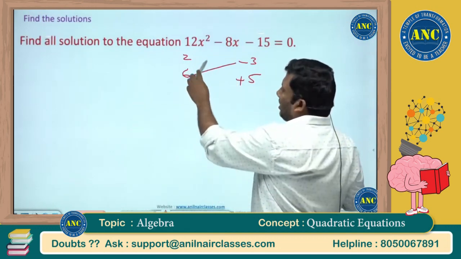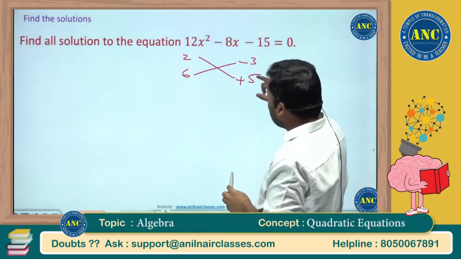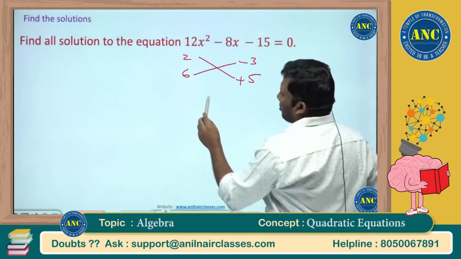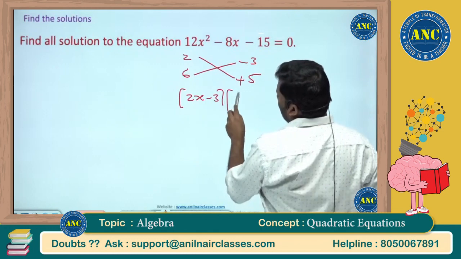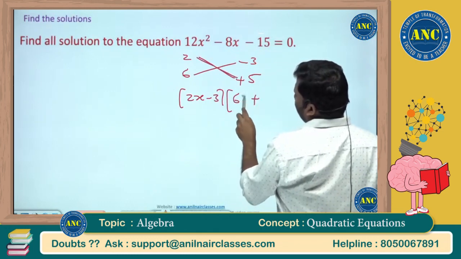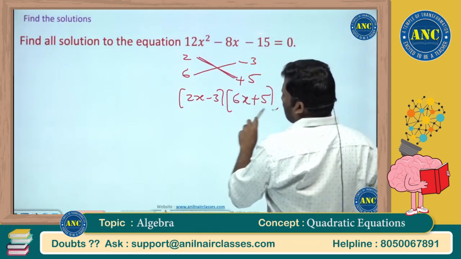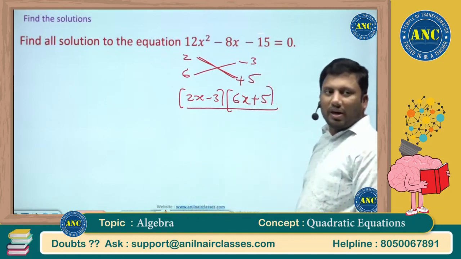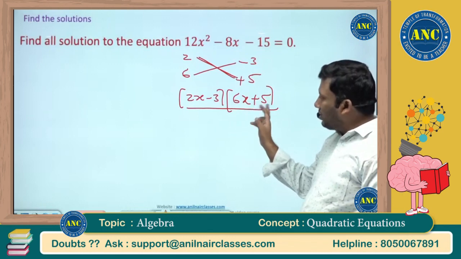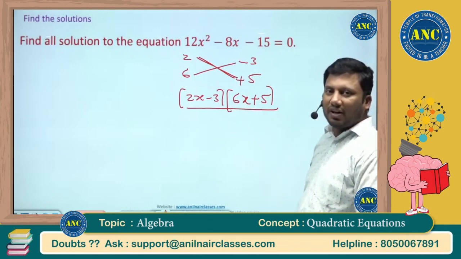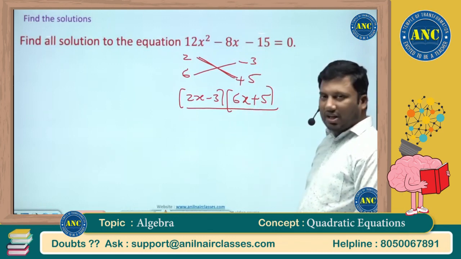Minus 18 plus 10 is minus 8. Minus 3 into 5 is minus 15. So the answer is 2x minus 3 into 6x plus 5.